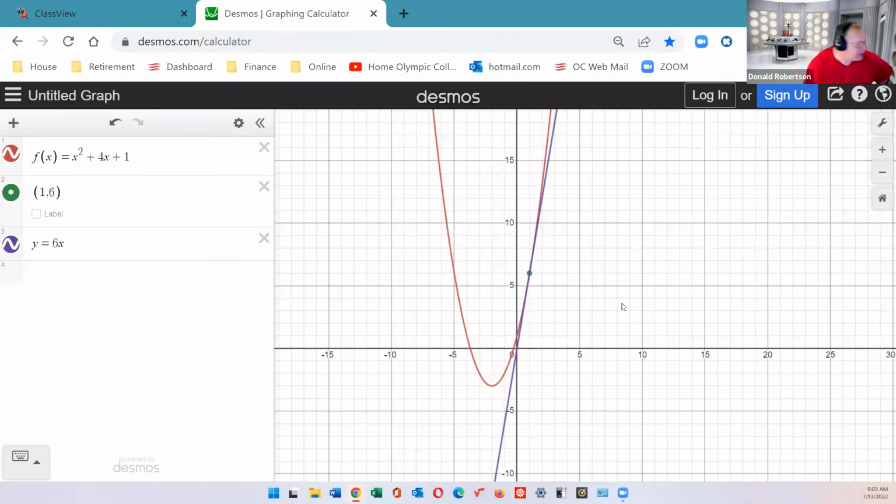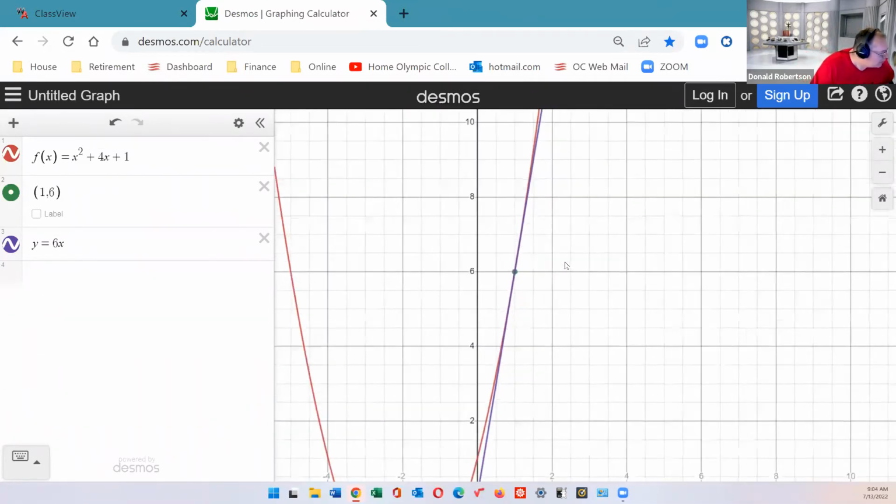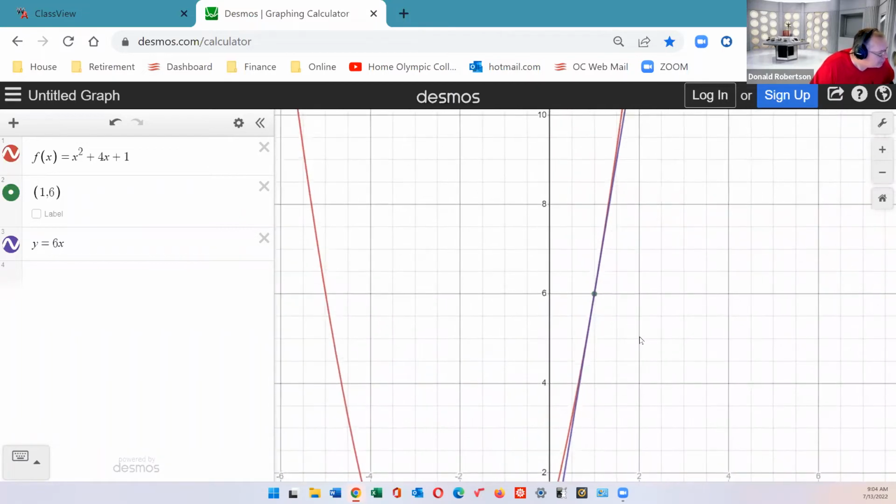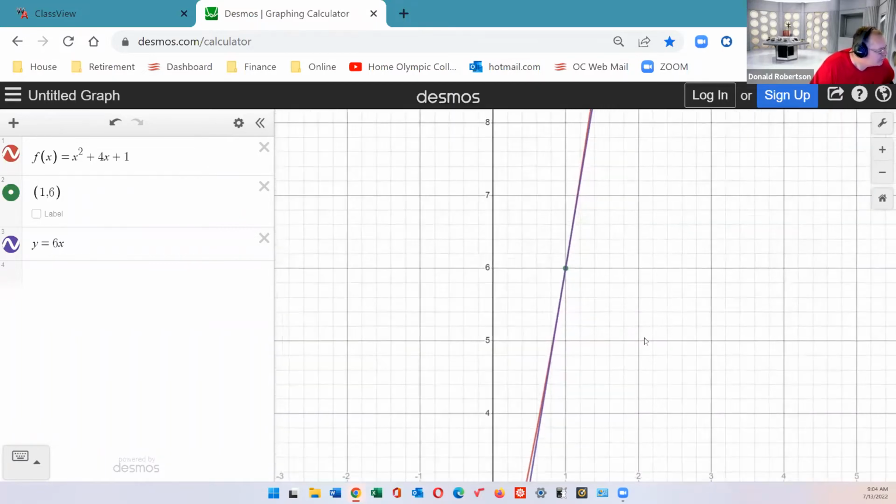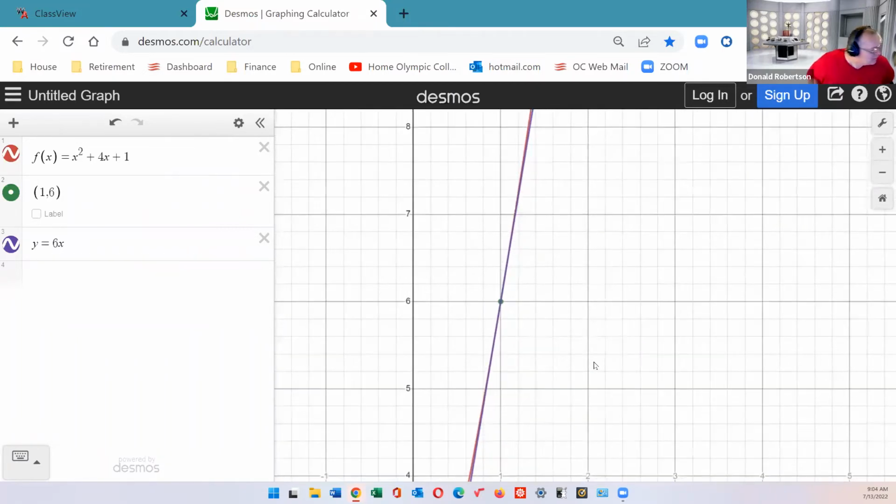Right. Now, if you zoom in on a tangent line, something really interesting happens, and it always happens. Do you see that the curve and the tangent line are almost indistinguishable from each other?